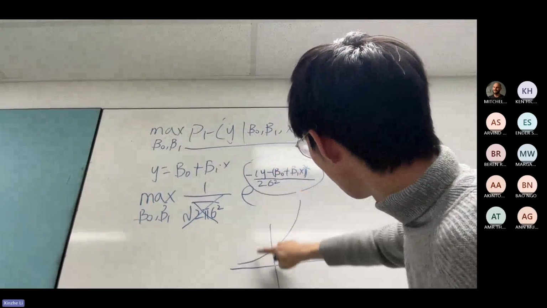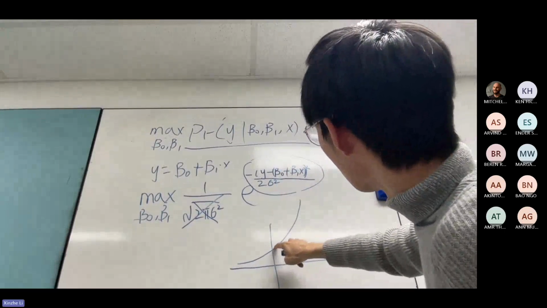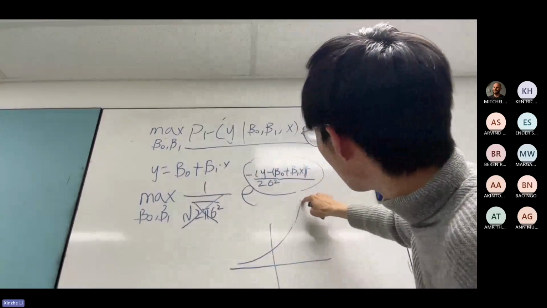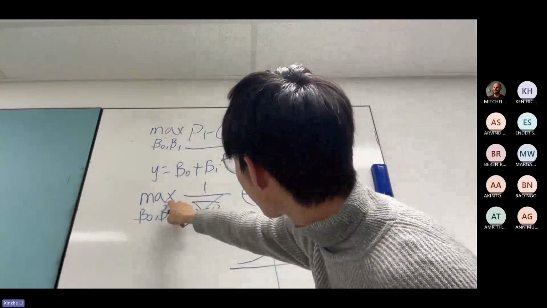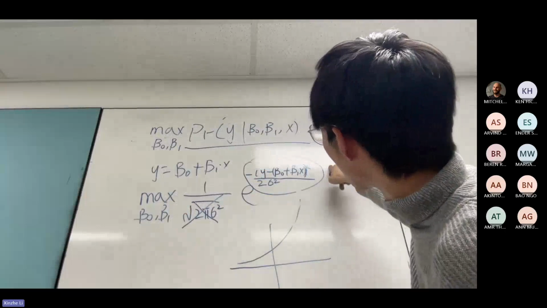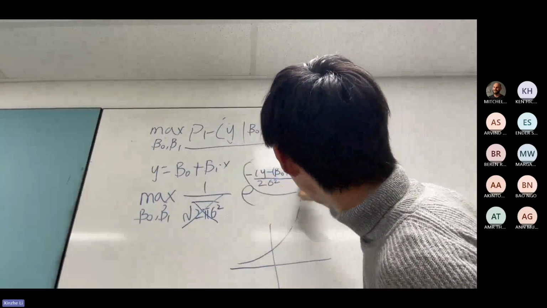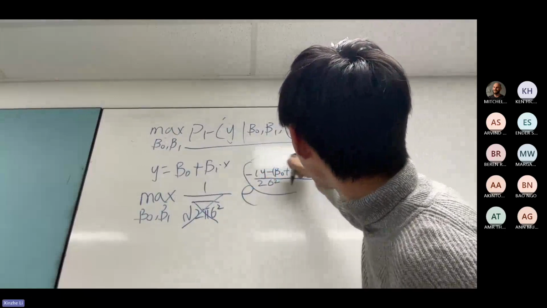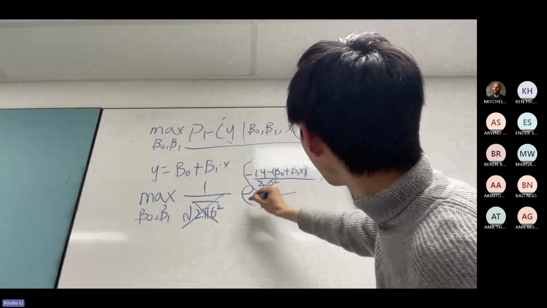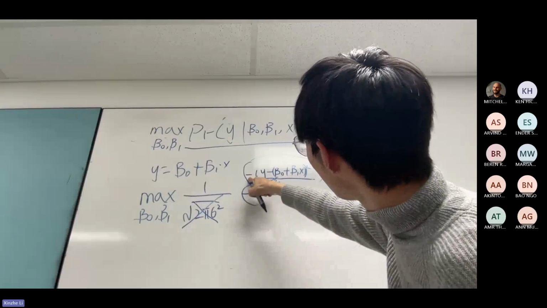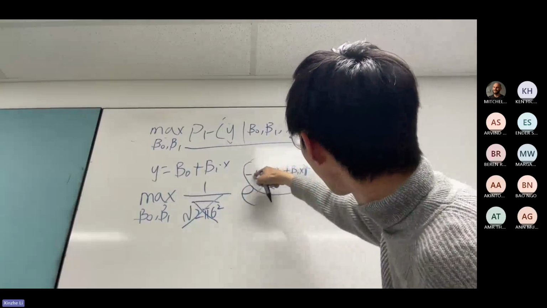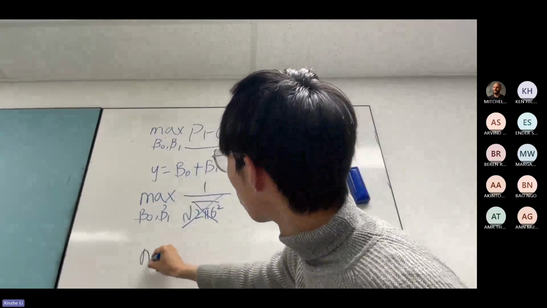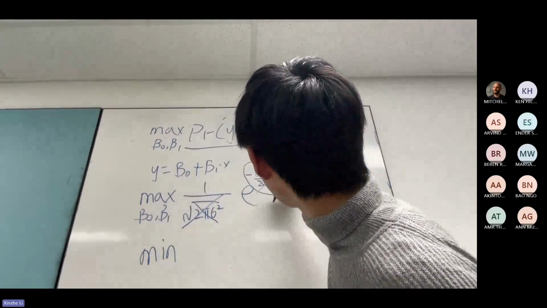If this one becomes bigger and bigger, the whole value will be bigger and bigger. So we want to maximize it. But this is a constant, so we don't need to care about that. But here there is a negative. So if we want to make the negative of this thing bigger, we want this thing to become smaller, right? So finally, what we want is to minimize this thing.